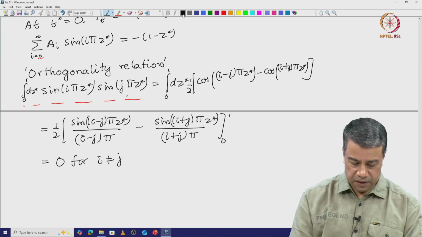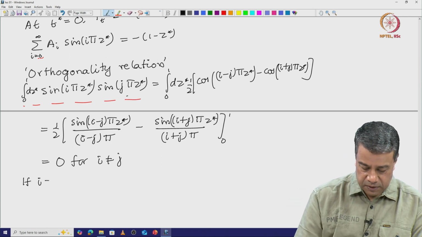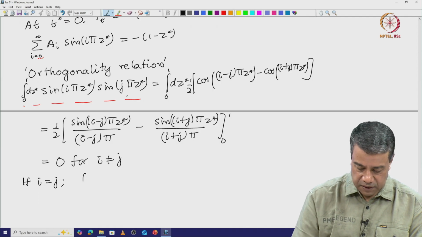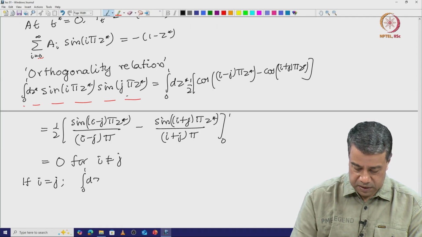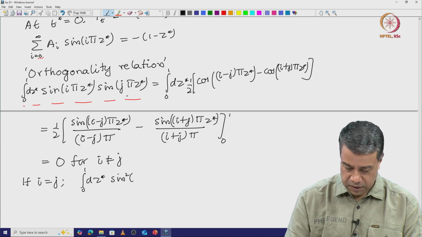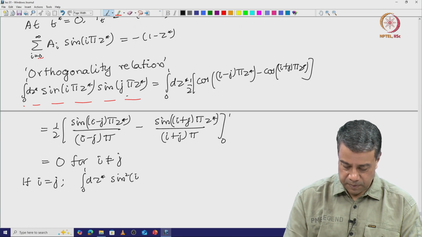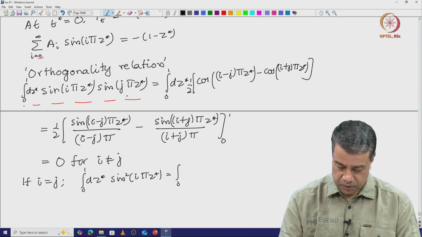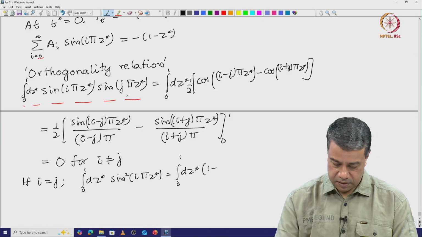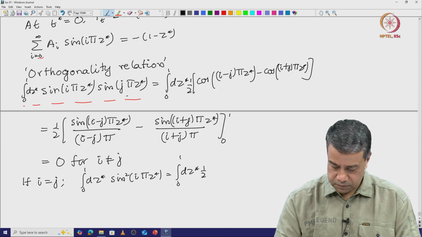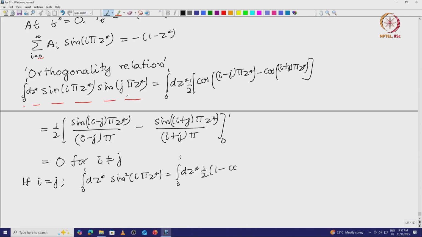If i is equal to j, then I have the integral 0 to 1 dz of sine square of i pi z star, which is equal to the integral 0 to 1 dz star of half times 1 minus cos of 2 i pi z star.